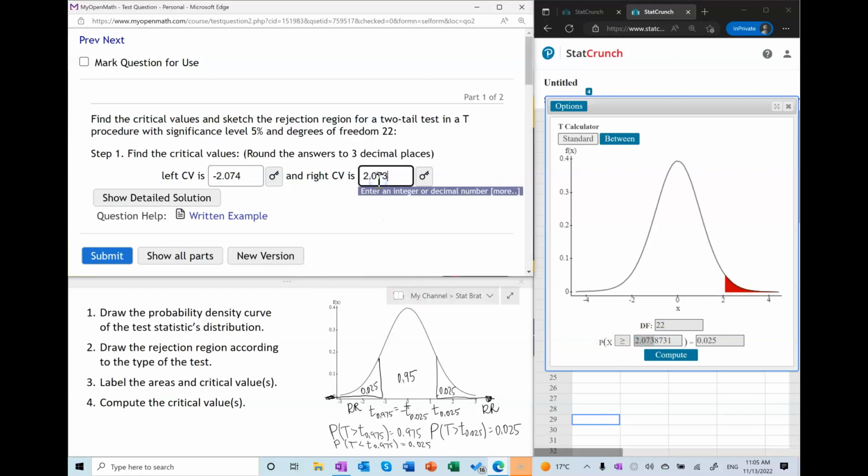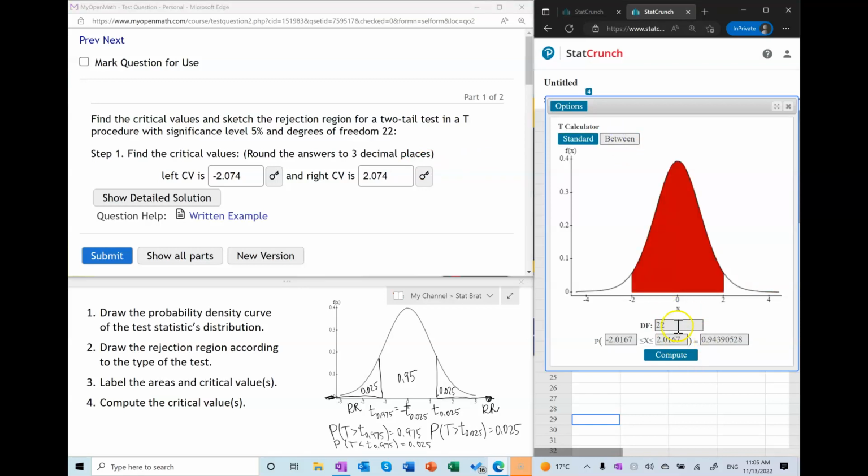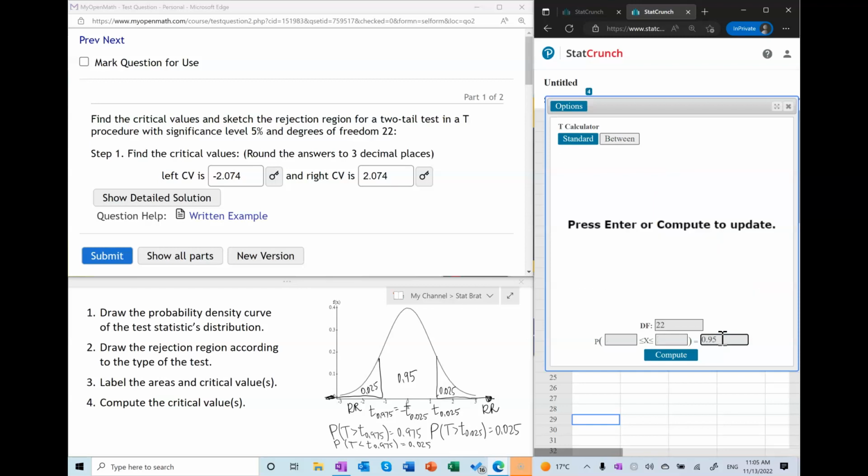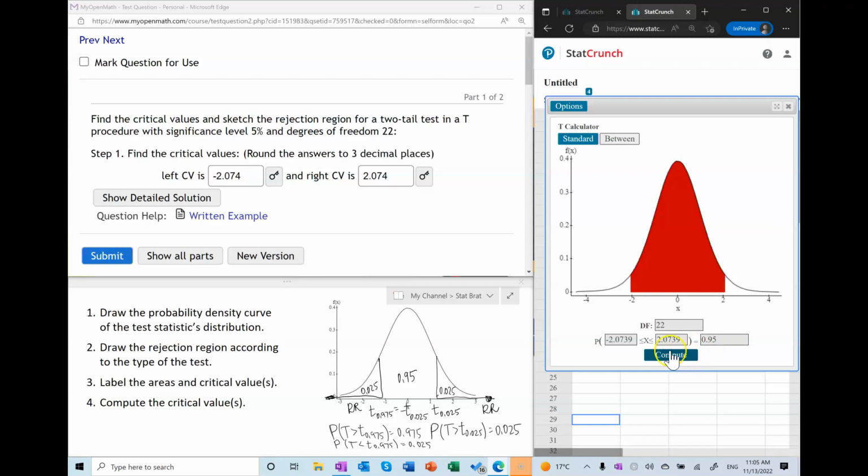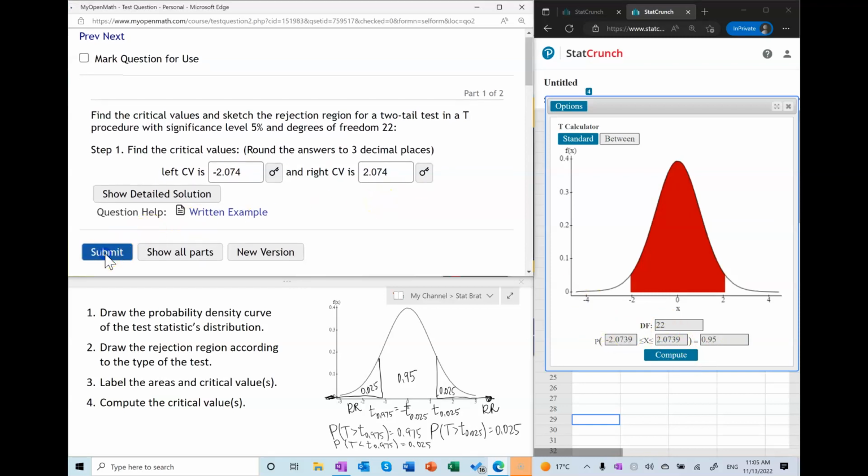Well, you can see that one is the opposite of the other one. We could have also obtained these same values by using this little shortcut that we can do in StatCrunch, and you cannot do it in a TI-83 or a table. So let's take advantage of that, and we'll just enter that the area in between the critical values is 1 minus alpha. So we got exactly the same answers once again. So multiple ways.